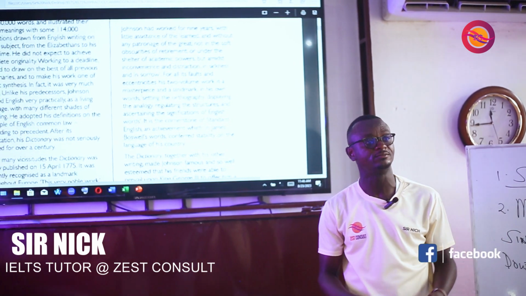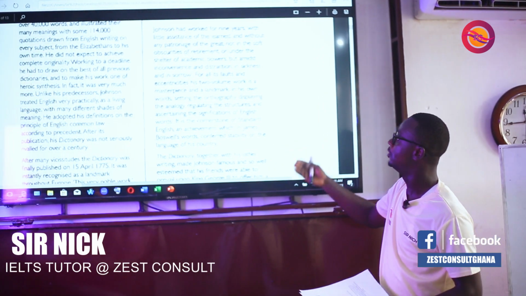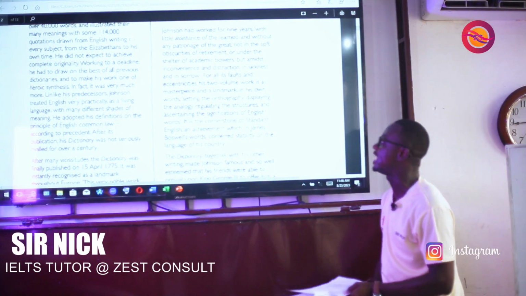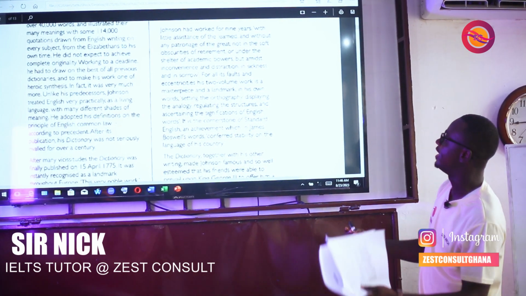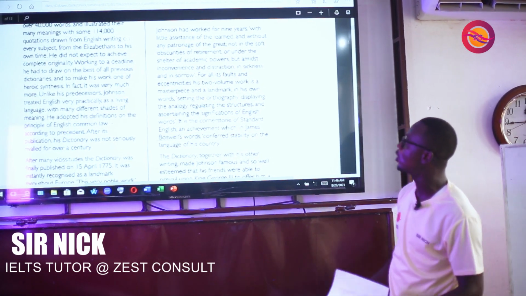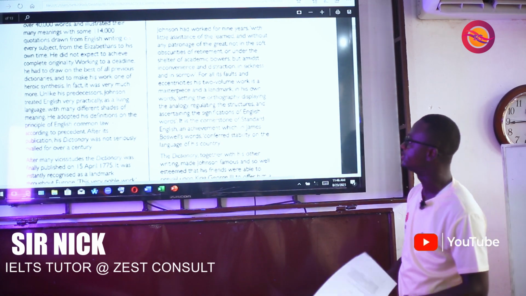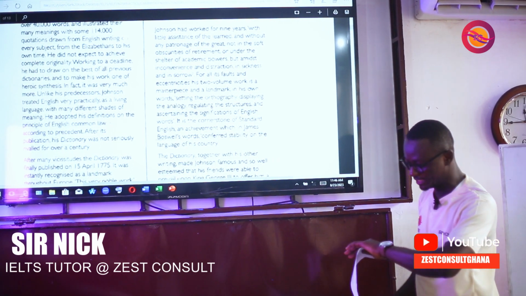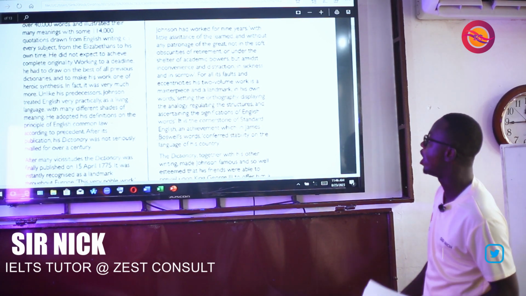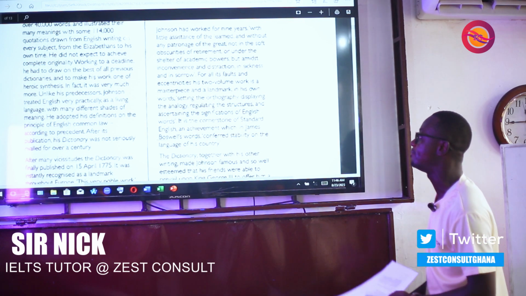According to his biographer, James Boswell, Johnson's principal achievement was to bring. So we read: Johnson had worked for 9 years with little assistance of the learned, and without any patronage of the great, not in the soft obscurities of retirement or under the shelter of academic bowers, but amidst inconvenience and distractions, in sickness and in sorrow. For all its faults and eccentricities, his 2-volume work is a masterpiece and a landmark.